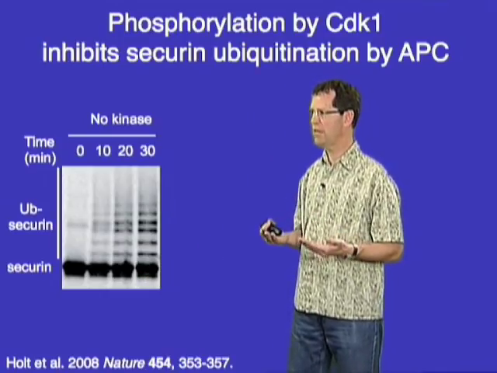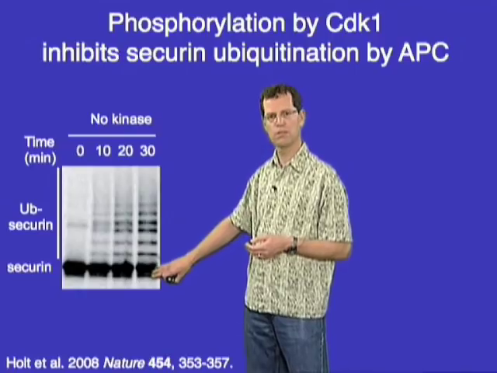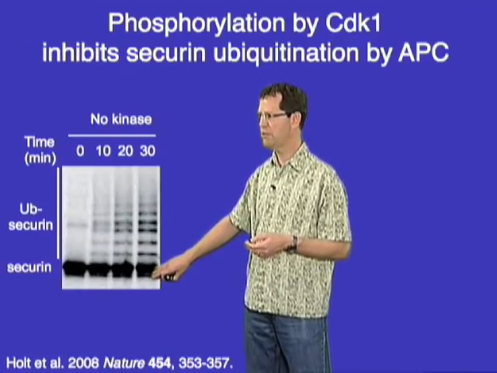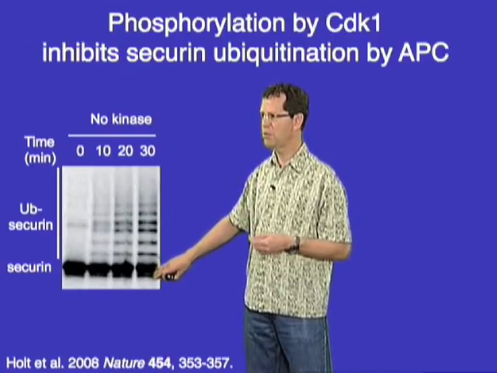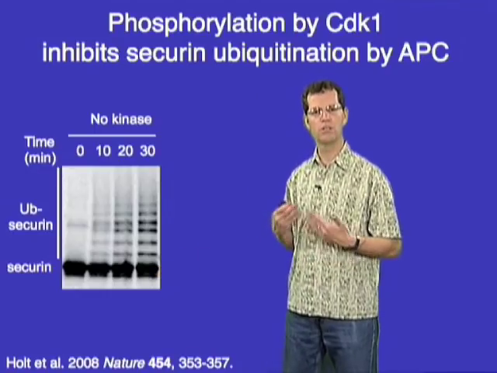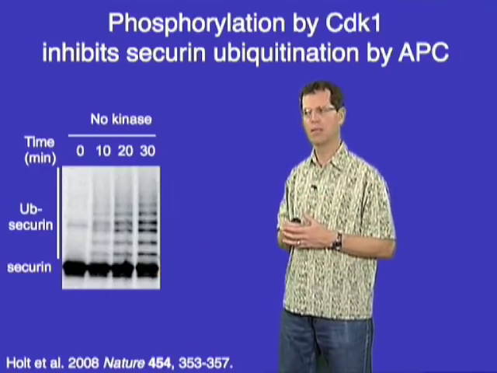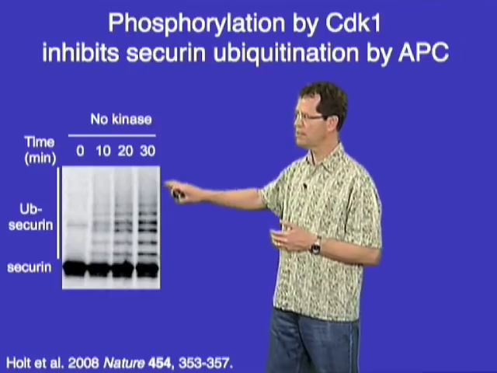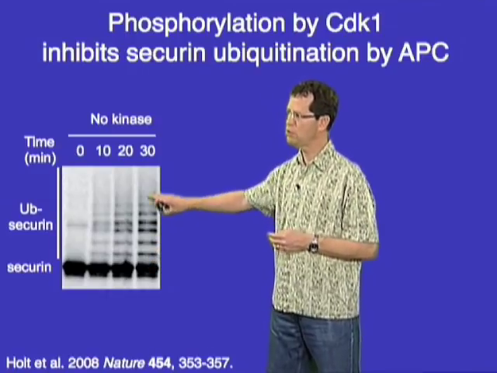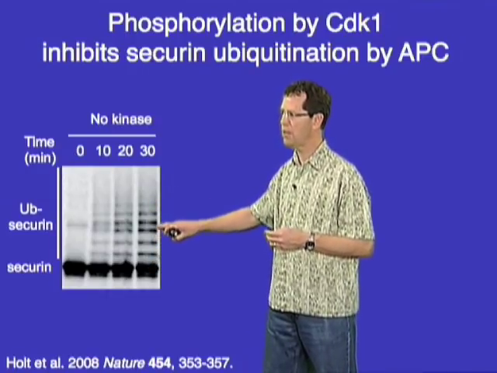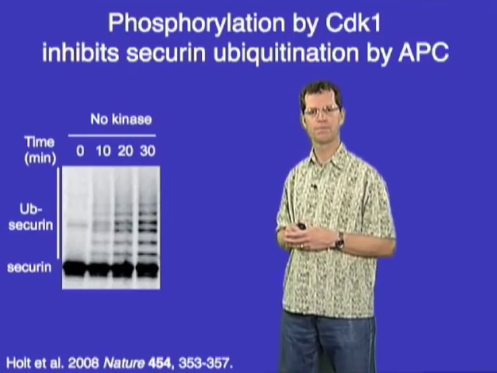And so what we do for these reactions is produce securin by in vitro translation in a radio-labeled form, and then incubate it with purified APC and all the other components you need to get ubiquitination of a protein. And that results in this ladder of bands that forms above the securin, which represents the addition of multiple copies of this ubiquitin protein.